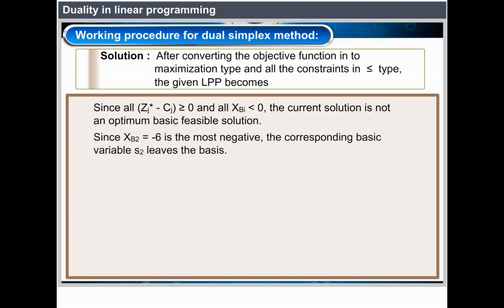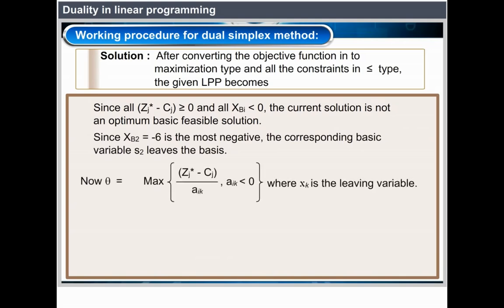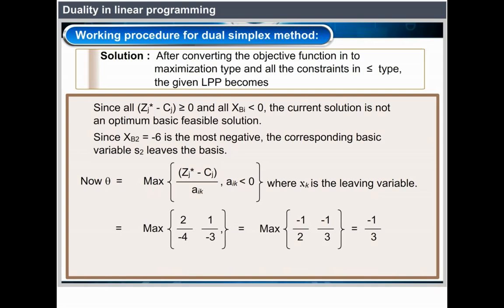Since xb2 equal to minus 6 is the most negative, the corresponding basic variable S2 leaves the basis. Now theta equal to maximum of Zj star minus Cj divided by Aik, where Aik less than 0, where Xk is the leaving variable, equal to maximum of 2 by minus 4, 1 by minus 3, equal to maximum of minus 1 by 2, minus 1 by 3, equal to minus 1 by 3.